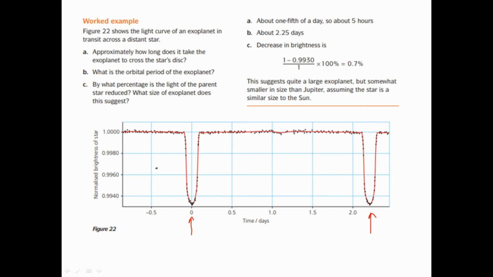And then just a straightforward one, measuring the drop in intensity. So you just use the scale of the graph and convert it to a percentage, which is 0.7%. So this gives you an idea of the type of question you might get looking at the transit method.